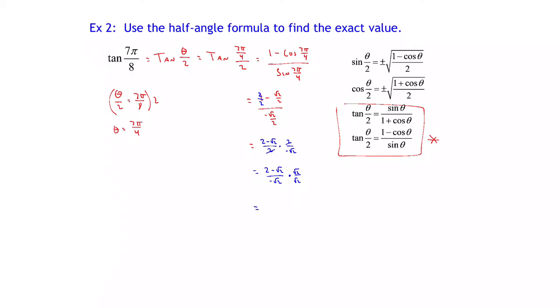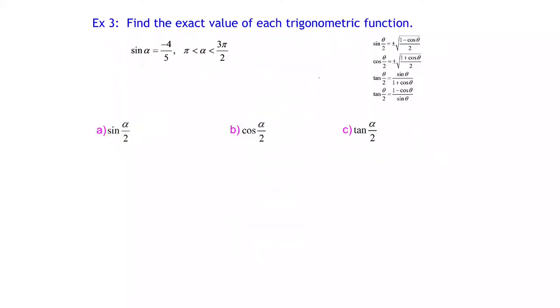That'll leave us with 2 square roots of 2 minus 2 divided by negative 2, which then would simplify to 1 minus the square root of 2. So tangent of 7 pi over 8, exact value would be 1 minus the square root of 2.